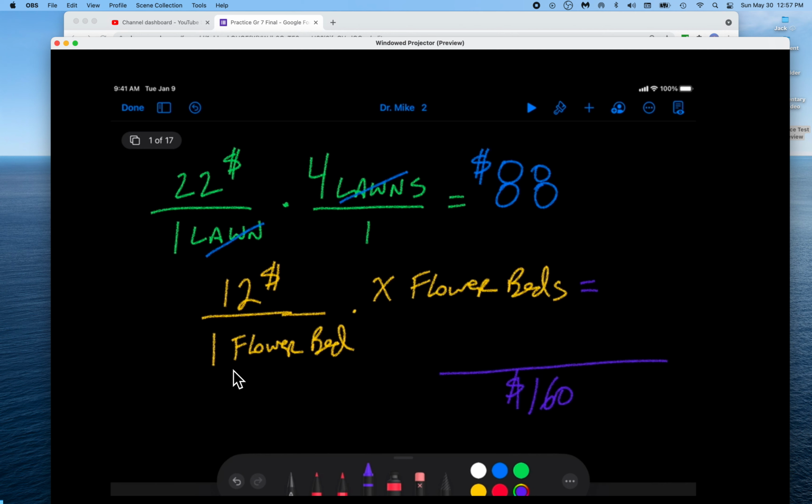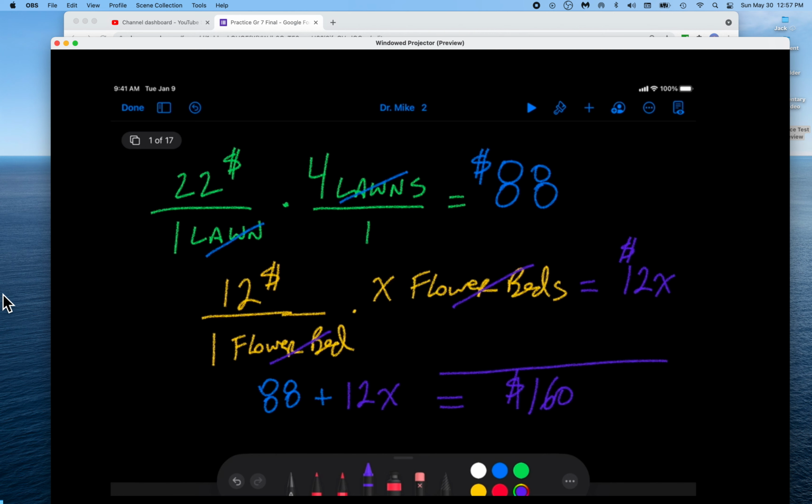Here, the flower beds cancel out, and he's going to have 12x dollars from the flower beds. $12 times x is 12x dollars. So our equation, folks, is going to be this 88 plus this 12x equals this 160. That's our equation right there.